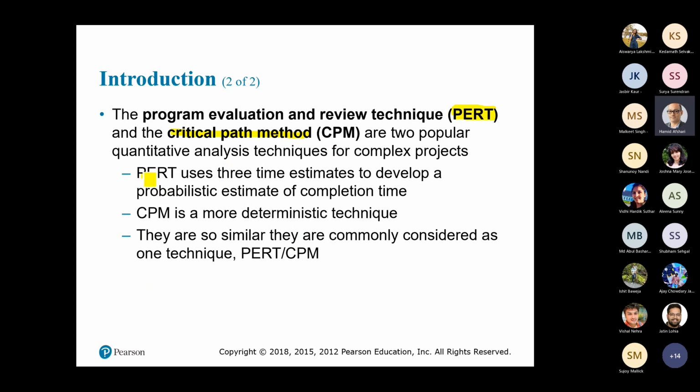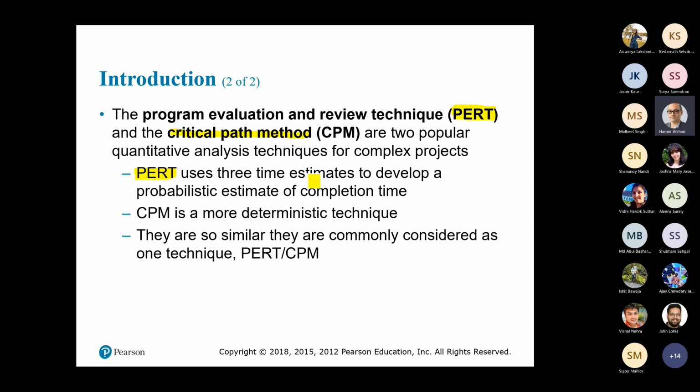PERT uses the three-time estimation to develop a probabilistic estimate of the completion time. So for each activity in PERT technique, we need 3 times, which I will tell you in next slides. But the reason is that PERT is good when we are not sure about the completion time of each activity, when we are not sure how long it would take to finish an activity, okay?